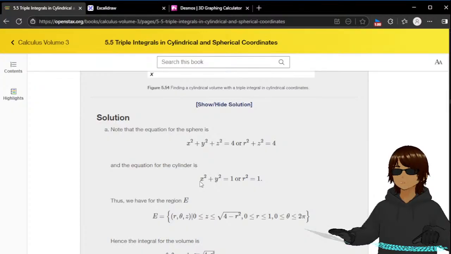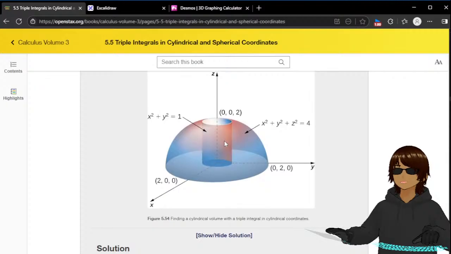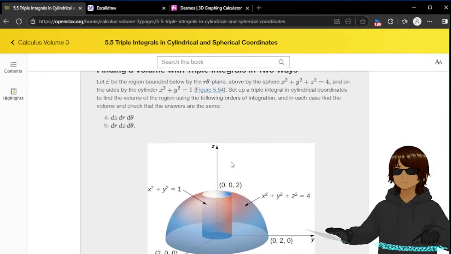Equation of the cylinder x squared plus y squared, or r squared, is 1. Yeah, but that's the minimum, right? On the sides of the cylinder, set up the integral in cylindrical coordinates. Okay, I think we are finding the volume inside the cylinder.